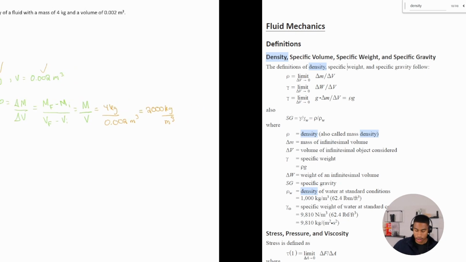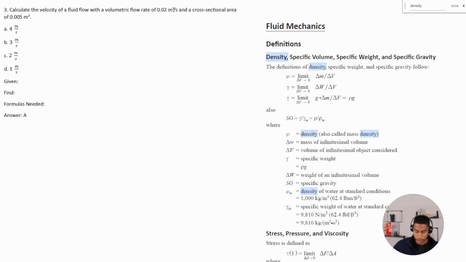Alrighty, let's look at number 3. This one says, calculate the velocity of a fluid flow with a volumetric flow rate of 0.02 meters cubed per second and a cross-sectional area of 0.005 meters squared. All right, so go through this one.